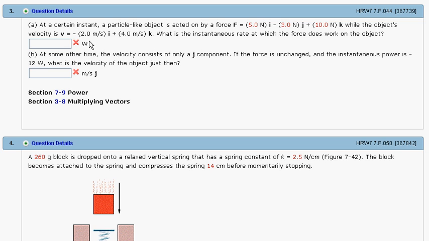So one of our equations for power, and the one that applies here, is that if we have a vector force and a vector velocity, power is simply F dot v. Remember, this is the one we get out of ma dot v. We remember from a long time ago that if we take the dot product of acceleration and velocity, that tells us whether we're speeding up or slowing down.